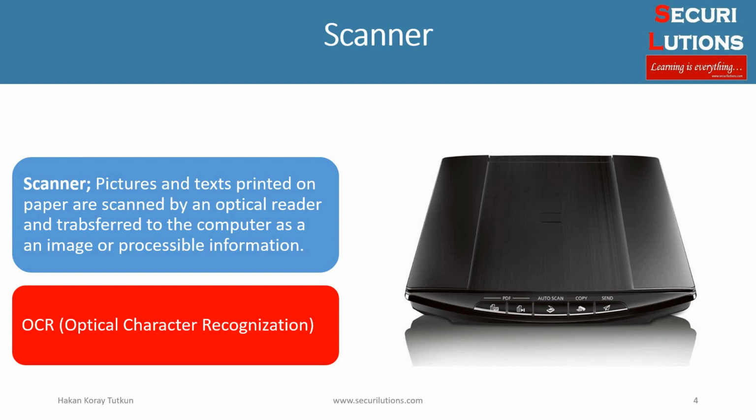When it's necessary to make changes in these scanned documents, special software called OCR, optical character recognition, is used. Although we don't use scanners much in our daily work, we can see different types of scanners in many private and government institutions with heavy paperwork. As you can see, a scanner is useful hardware that saves time.